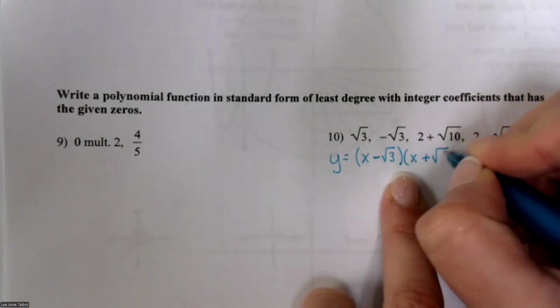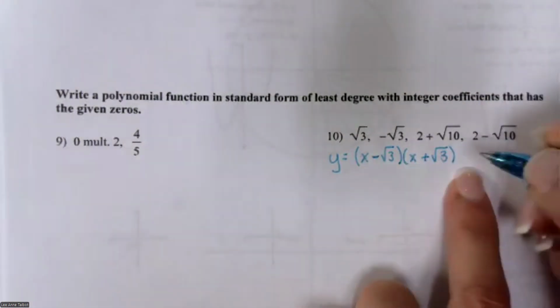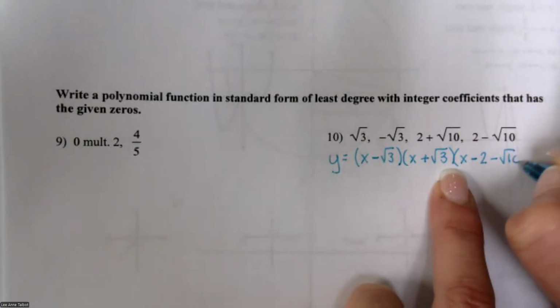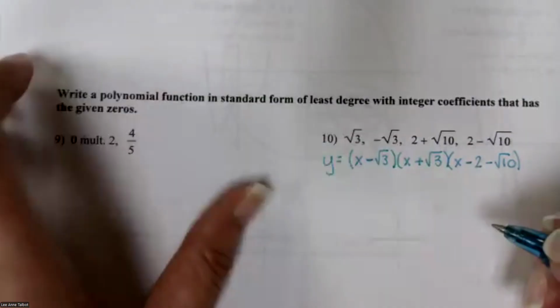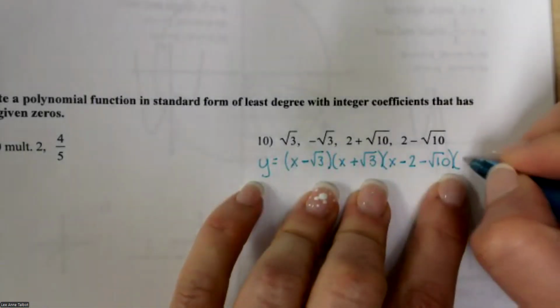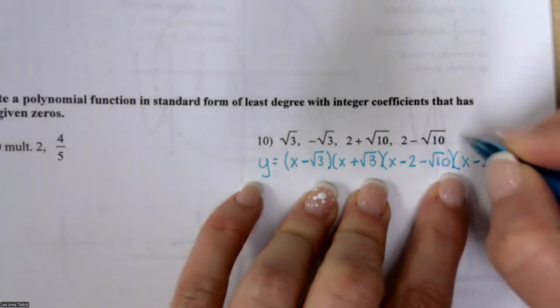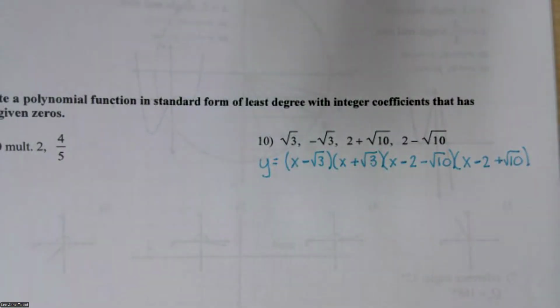x plus root 3 for this one, x minus 2 minus root 10 for this one, x minus 2 plus root 10 for that one. So x, switch sign, switch sign.